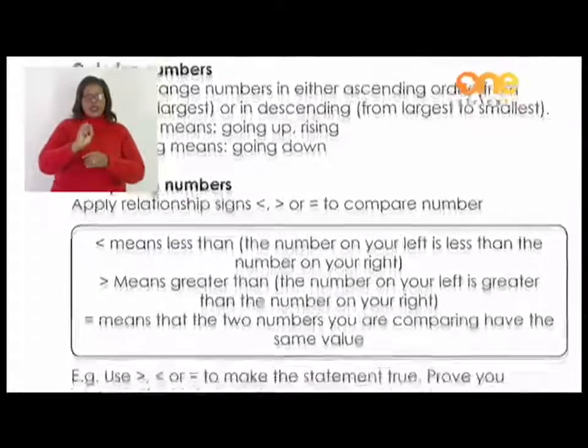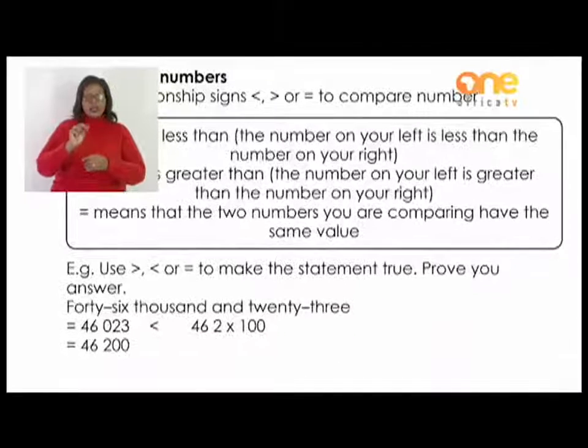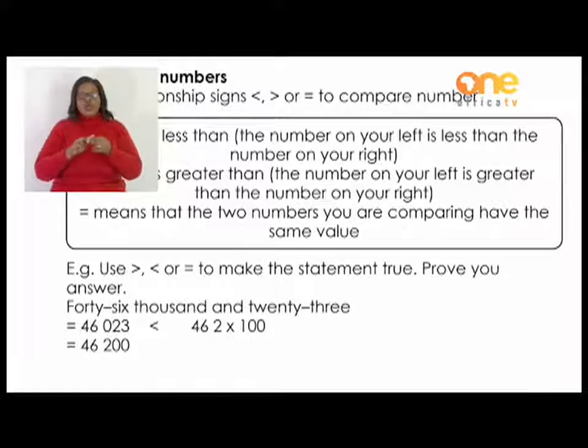Then we move to comparing, the notes for comparing. We have to apply the signs that determine which number is bigger than the other. So those signs are the ones we have to use to compare the numbers. So on that note, under comparing numbers, at the end, there is "to compare numbers."